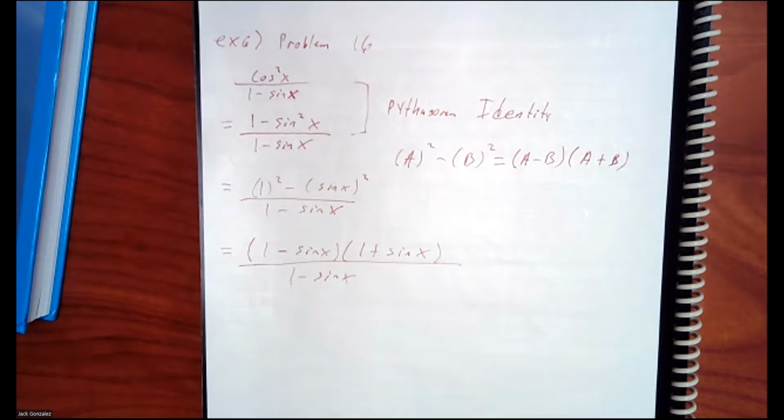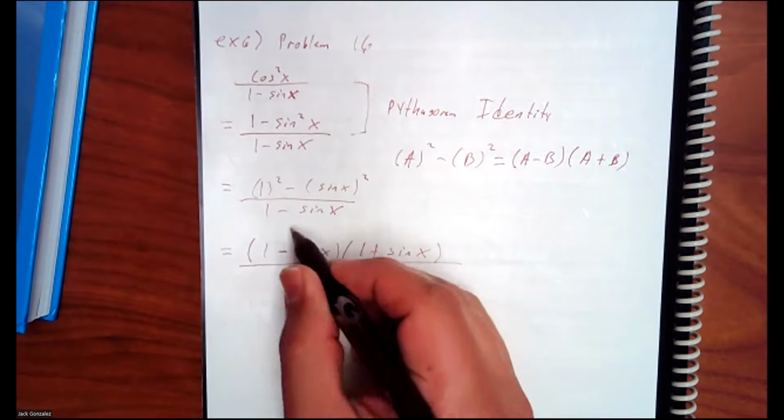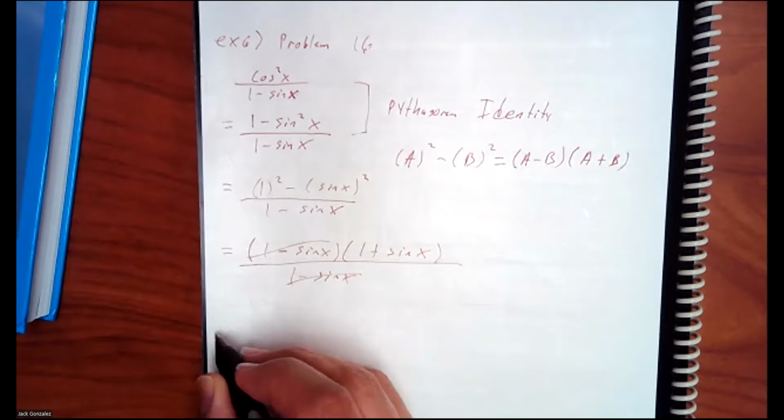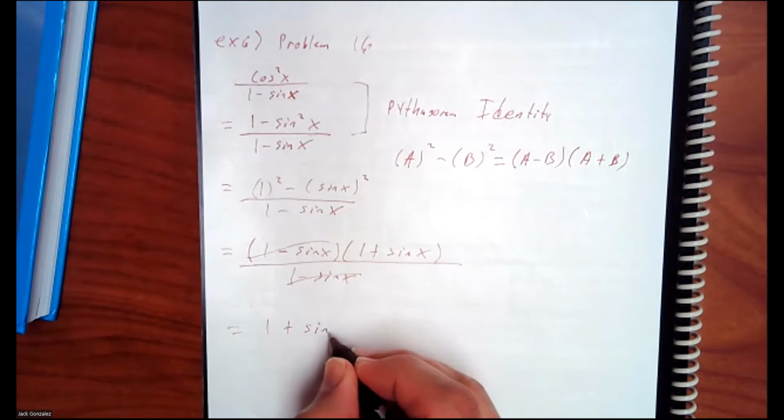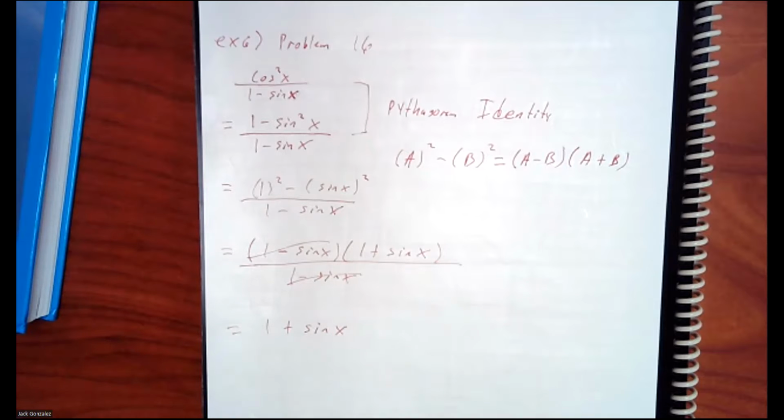Yeah, they're going to cancel. So once you factor it, it simplifies, doesn't it? That's it. There's nothing else. Any questions on 6?